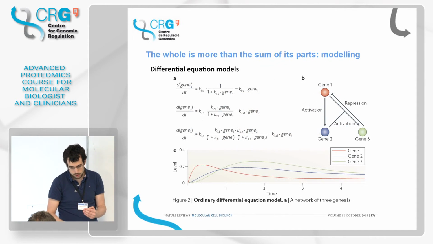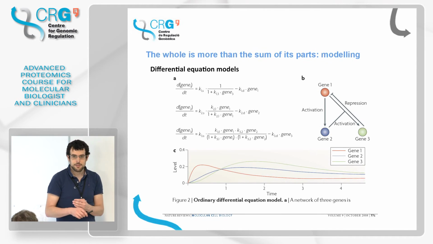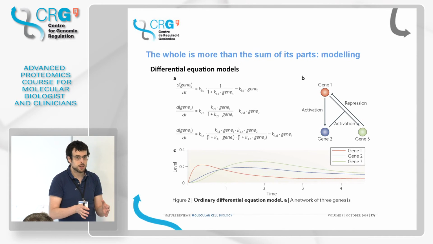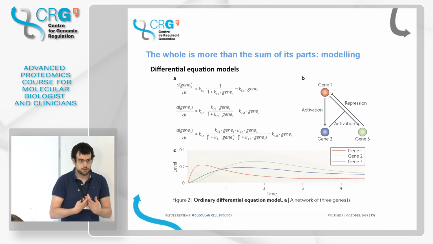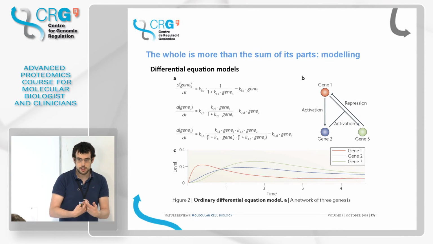Other ways to do this are differential equation models that we will not enter into in this course, but so that you know that there are different mathematical ways to approach the modeling part, and that what it allows us is that with the proper data from proteomics, we actually train the model so that the model is predictive.